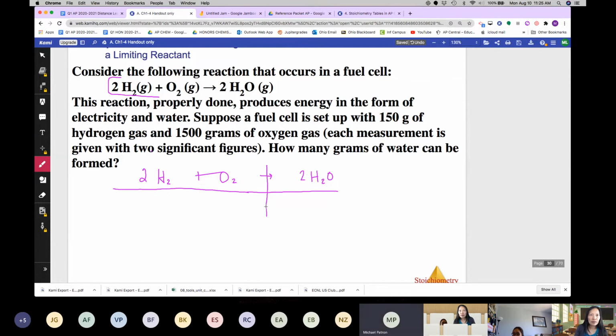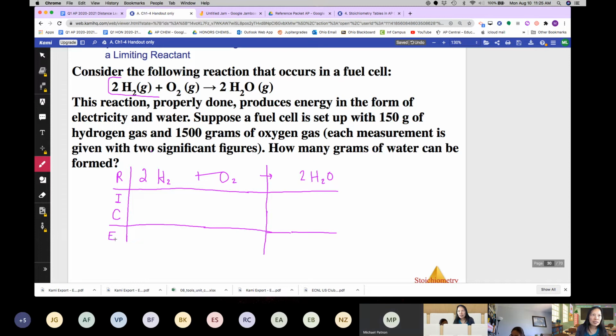Draw a line there. I'm gonna title this my reaction. This is initial, in the beginning, how much do I have in my beaker? Change, what's the change? And in the end would be E, or at equilibrium.